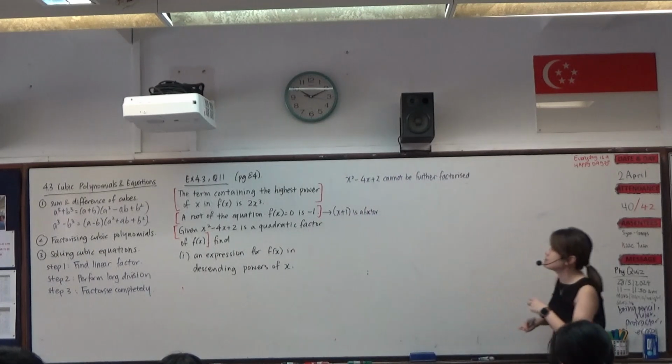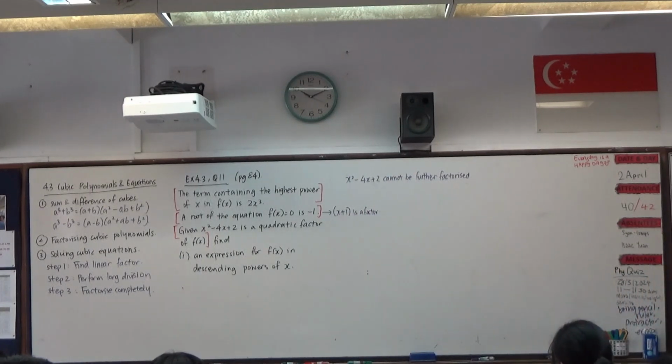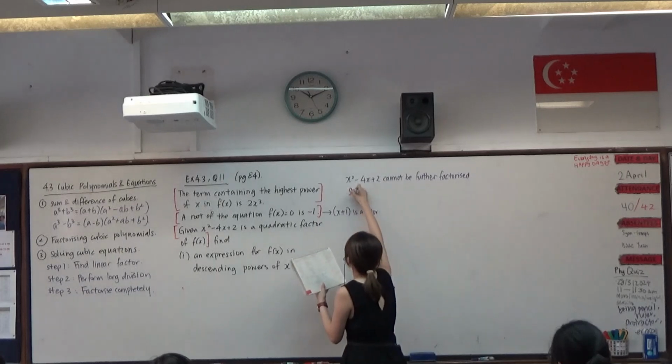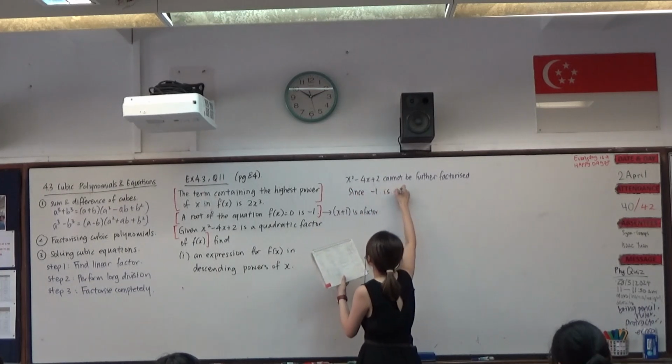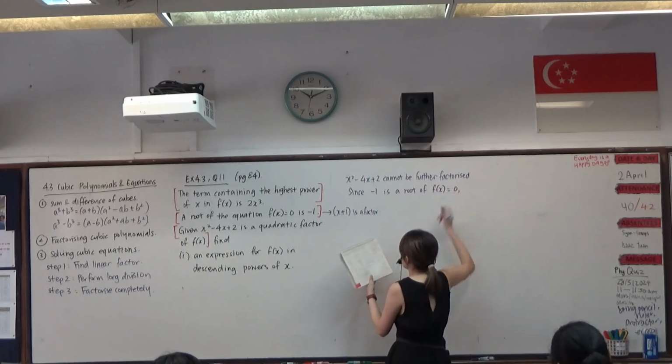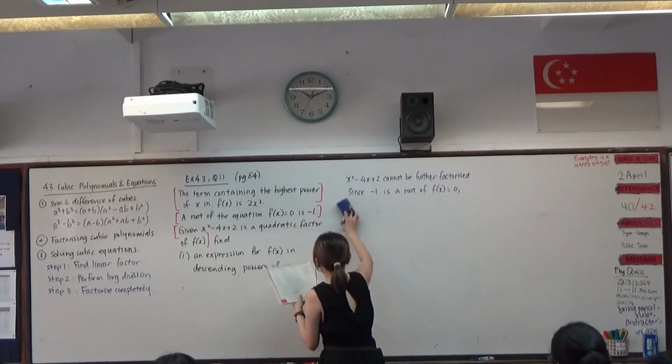Okay, so x squared minus 4x plus 2 cannot be further factorized, so the solution of negative 1 can't be coming out from there. Okay, so we say that since negative 1 is the root of f(x) equals 0, I'll just formalize this.